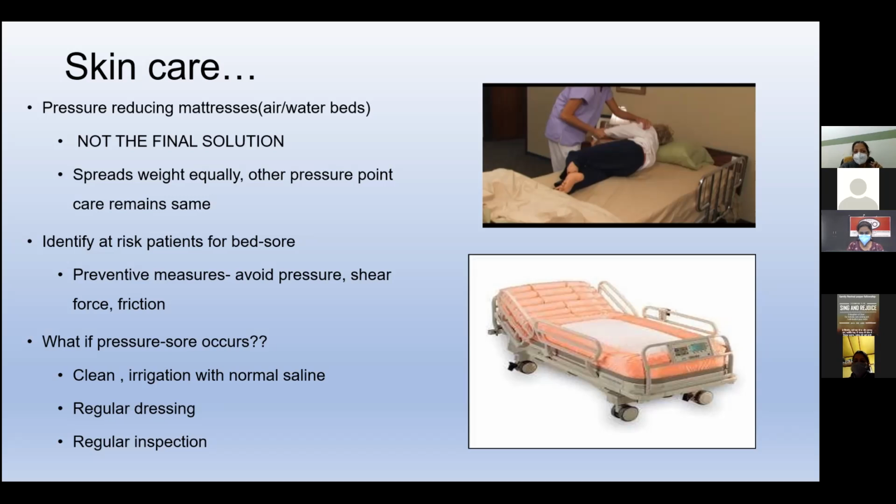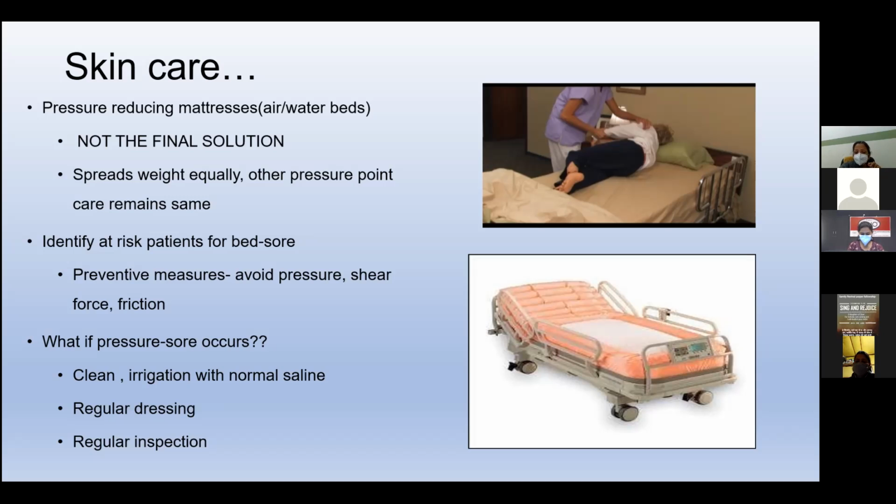And of course, identifying the patients who are at risk is very, very important. So whenever we are giving care to patients, see to it that you identify such patients who are at risk for developing bed sore, especially. And if at all patient gets bed sore, then what to do? So there again, principle of good cleaning, irrigation, and in palliative care, we use normal saline.